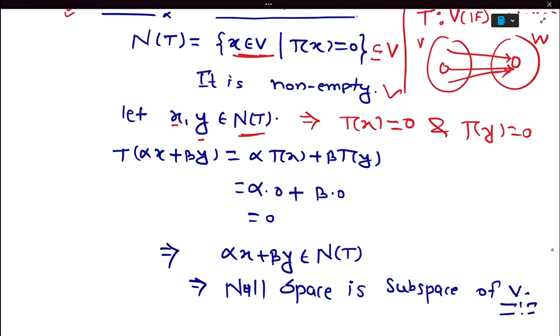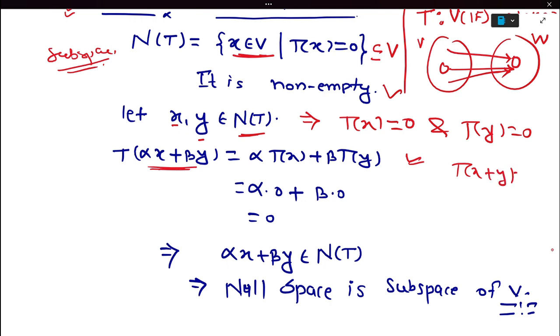Now we have to show that alpha x plus beta y is in the null space. To show this is a subspace, we need to show that alpha x plus beta y will also be in the null space. So T of alpha x plus beta y will be alpha T of x plus beta T of y because of linearity.